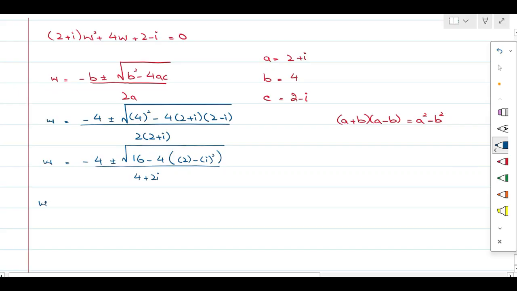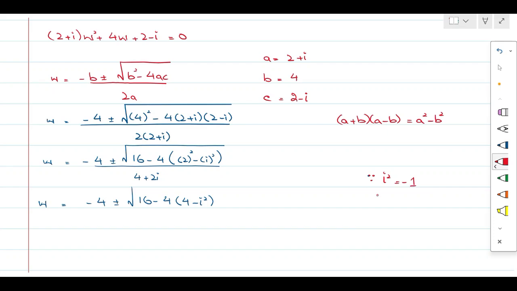Okay, now w is equal to negative 4 plus minus square root of 16 minus 4 in the bracket, 2 times 2 is 4 minus iota square, and we know that iota square is always equal to negative 1.